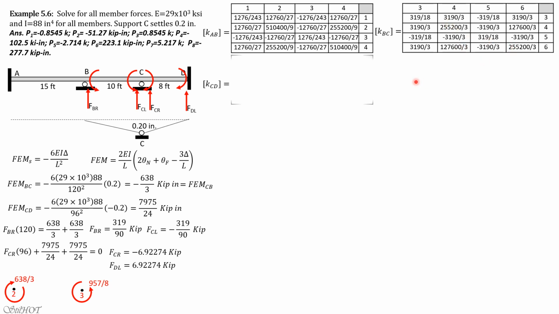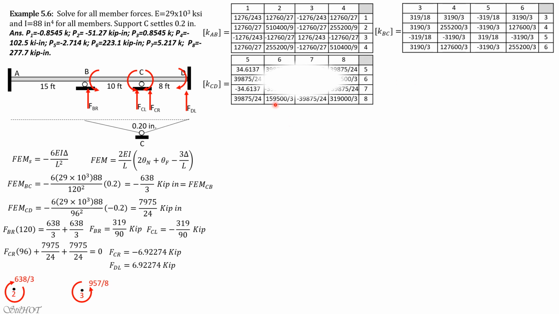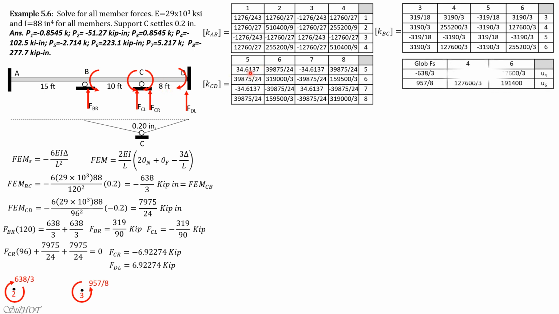Then for CD, 12 times 29,000 times 88 divided by 96 cubed. 8 times 12 is 96 cubed. That's the result. 6 times 29,000 times 88 divided by 96 squared. That's the value. The negative of the first. Then copy the second.